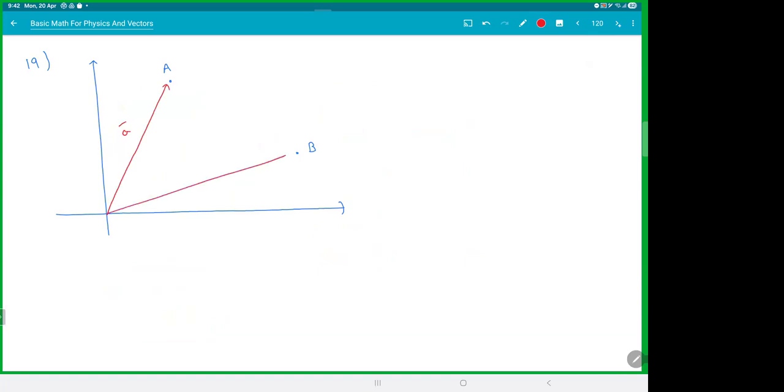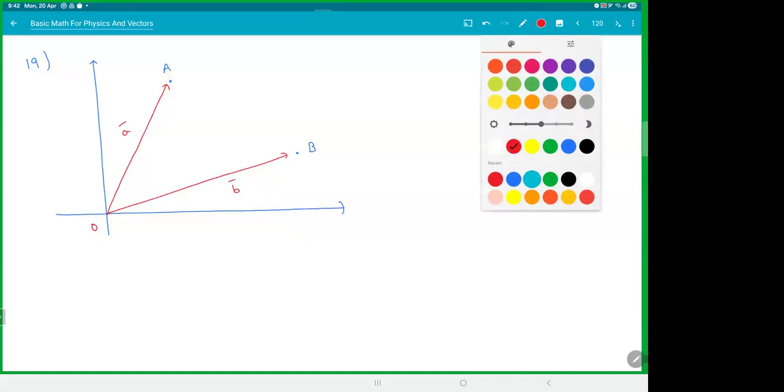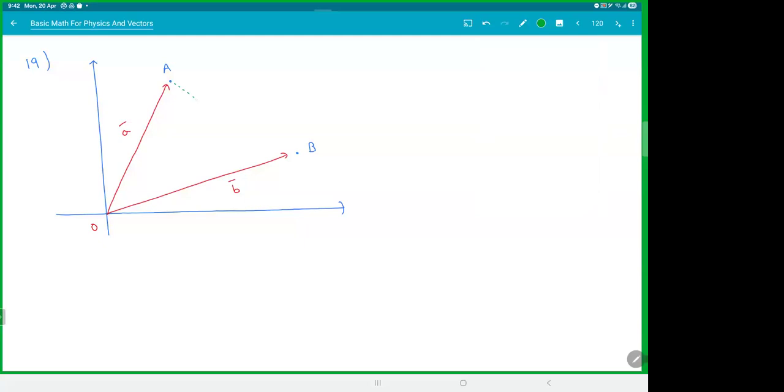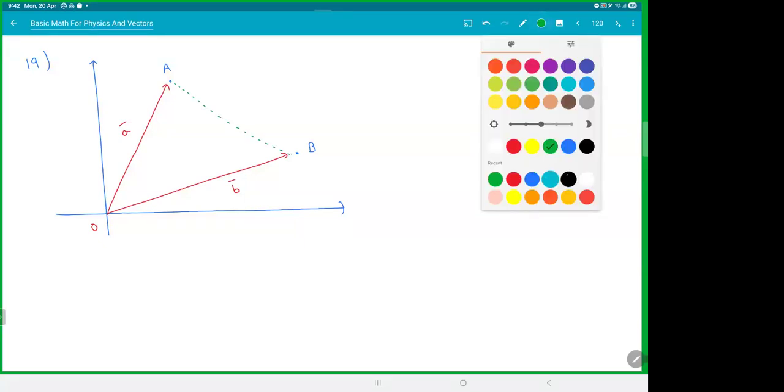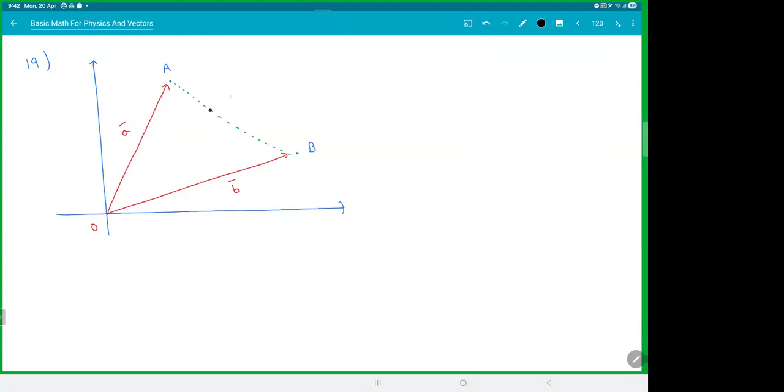From here to here, this vector is called B bar. Now between A and B, when you join the line AB, there is some point C in the middle, which divides the line in the ratio of m is to n. This is C.